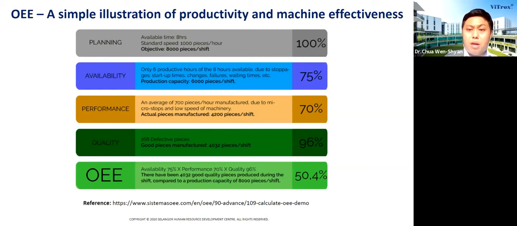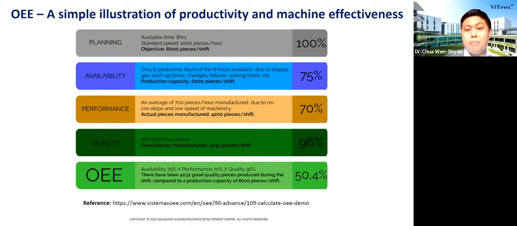Now, if you look at availability, performance, and quality individually, you will see that it is still 70% and above, which you can consider as a distinction. But if you combine them all together in a multiplier effect, you will see that you only achieve about 50% OEE. And how is that? Because everything regarding productivity and effectiveness is a combination of availability, performance, and quality of your total production system.